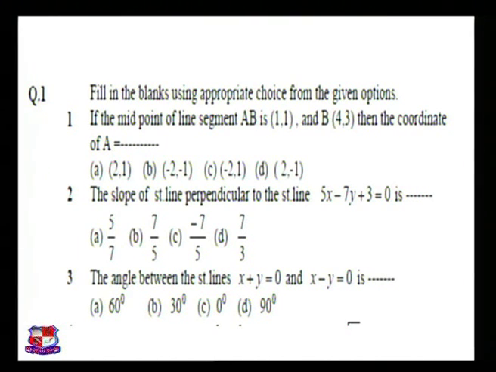The question is: the slope of the line perpendicular to the line 5x minus 7y plus 3 is equal to 0. So the given line is 5x minus 7y plus 3 equal to 0.